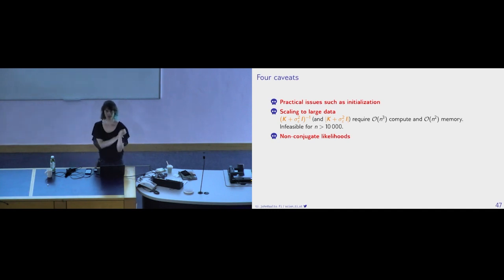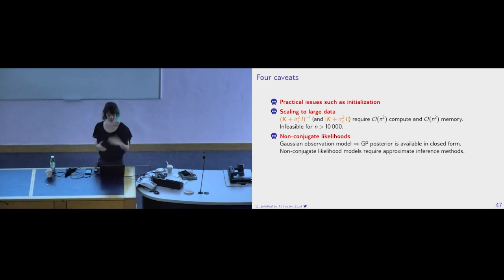So first part is you can build better observation models, but then the second part is that if you have a non-Gaussian observation model, then the posterior is not as nicely available in closed form, so you have to do approximate inference.